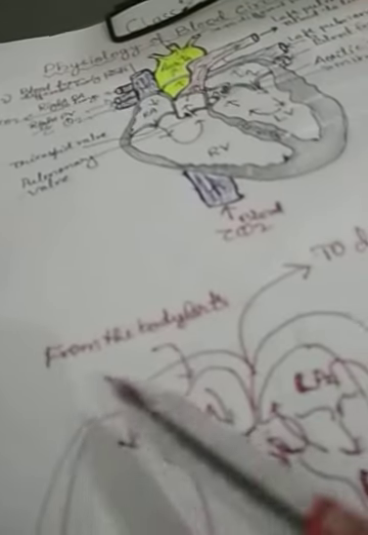So my dear students, what you are seeing here is that blood is coming from the different parts of the body, that is deoxygenated blood carrying carbon dioxide, entering into the right atrium, then right ventricle, and further this right ventricle facilitates the blood flow into the right and left lungs for the oxygenation of the blood.